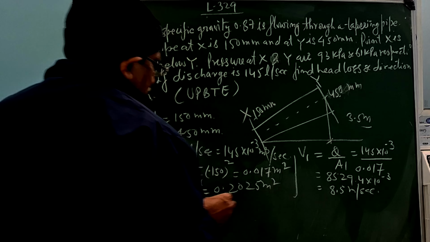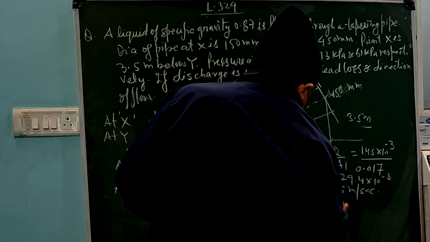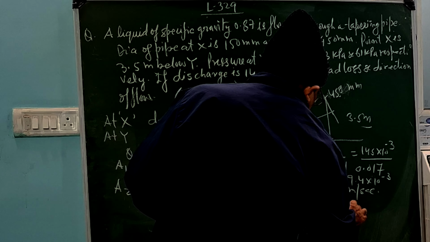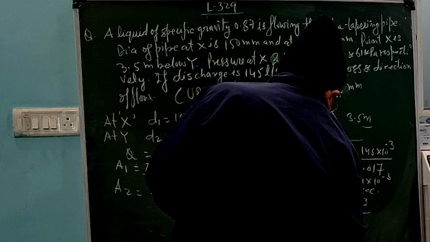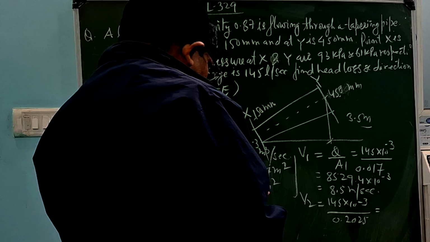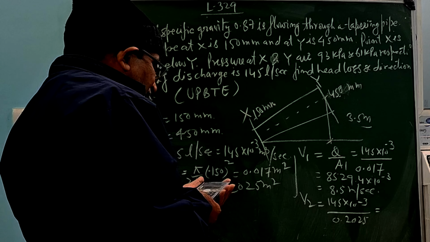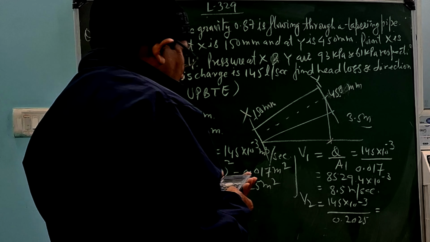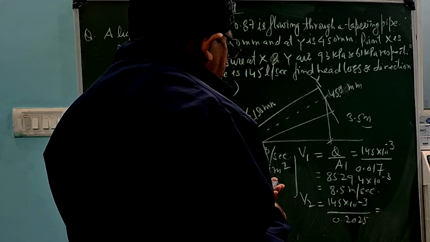And what about V2? V2 equals to Q, 145 into 10⁻³ divided by 0.2025. So this will be 145 divided by 0.2025.